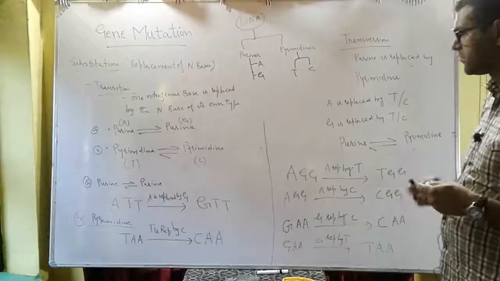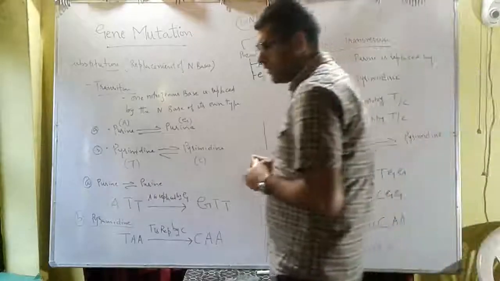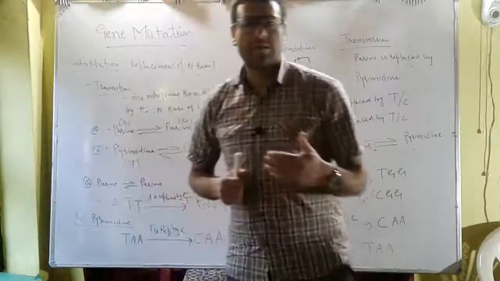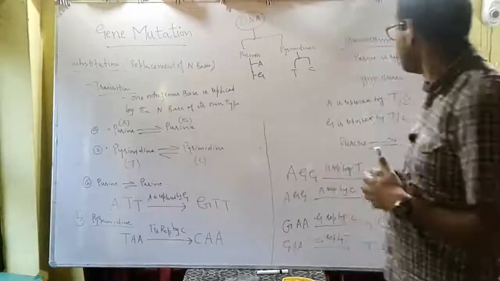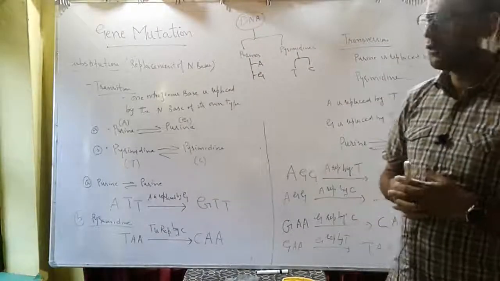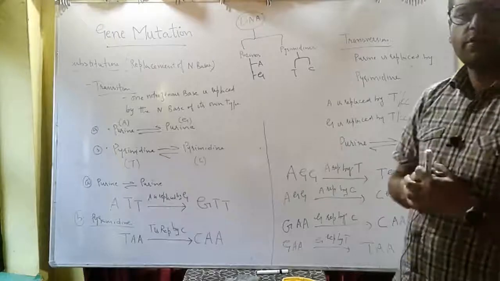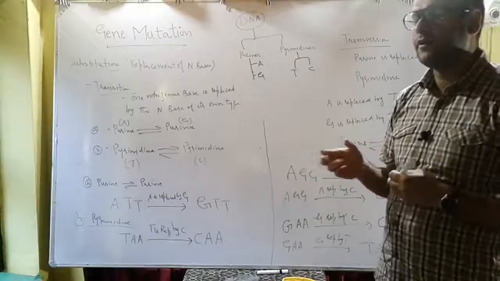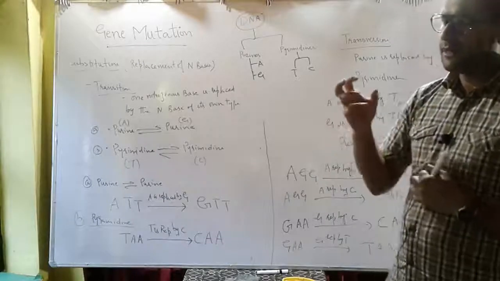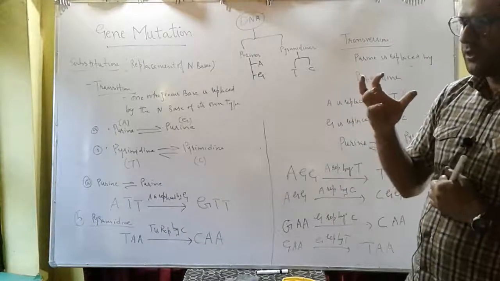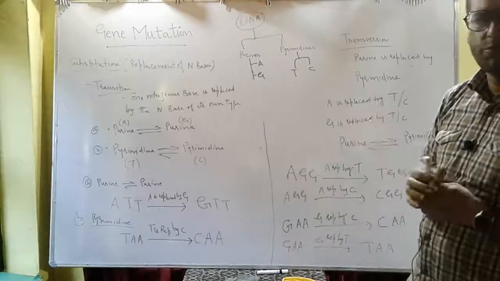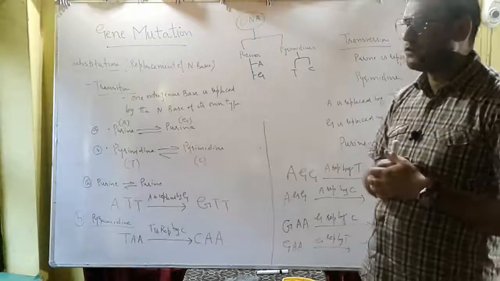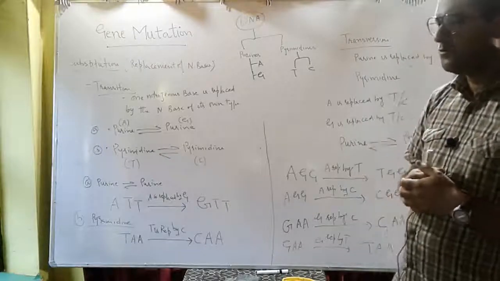So this was regarding the gene mutation. In the next lecture we will discuss the frame shift mutation. So today we will talk about the gene mutation. Gene mutation is simply the alteration in the base sequence of the DNA, and in most cases it involves a single nitrogenous base. Therefore gene mutation is also known as point mutation.